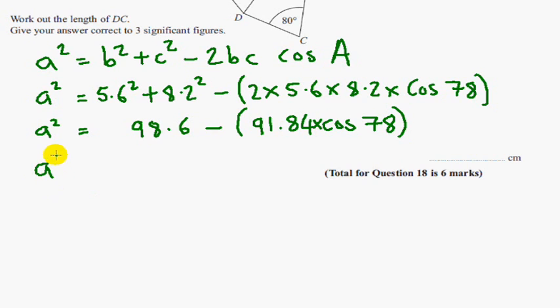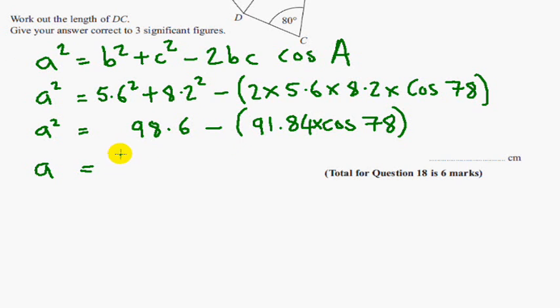So A squared is going to be this, and that means A is going to be the square root of all of this.